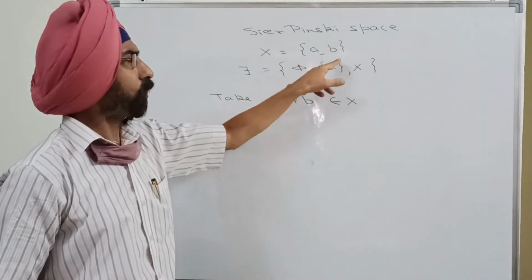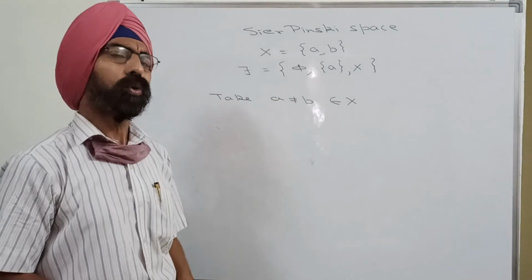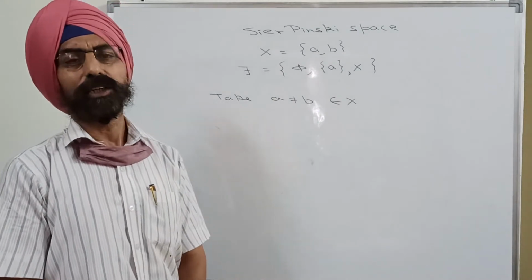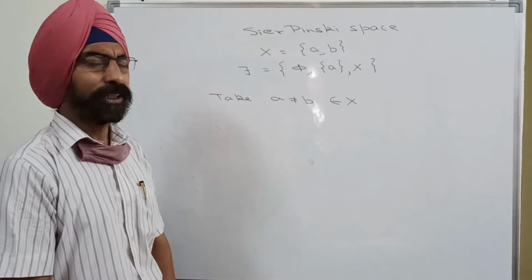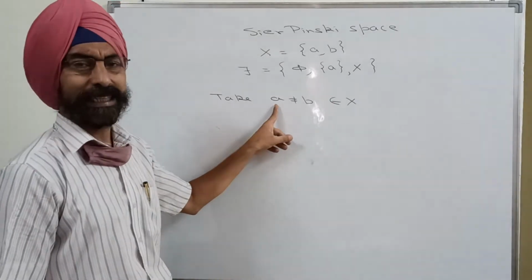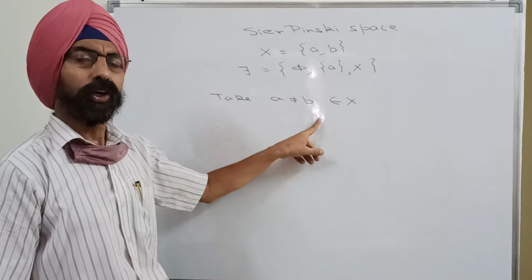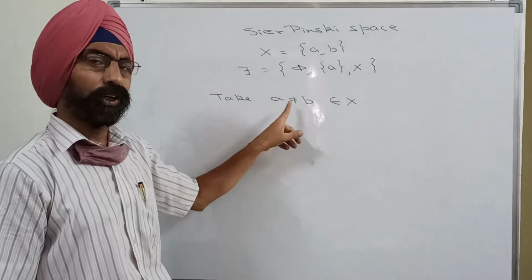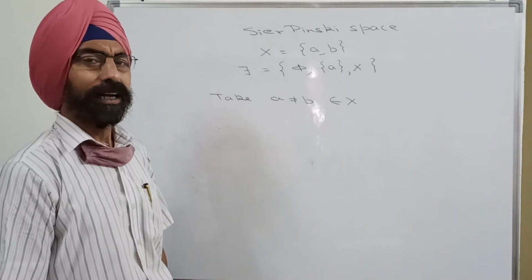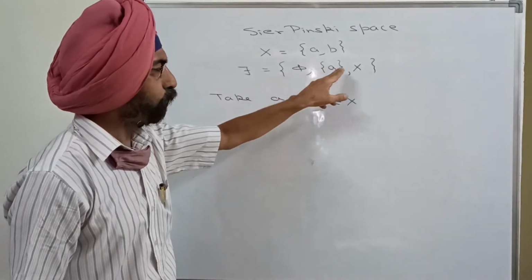So we have taken these two. Now what we need to make this topological space a T0 space is either there should be an open set containing A and not containing B, or there should be an open set containing B and not containing A. And we are having only three open sets.